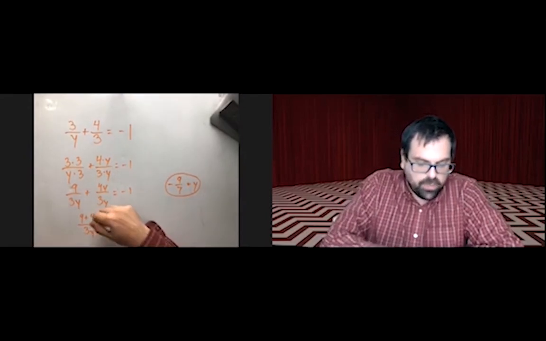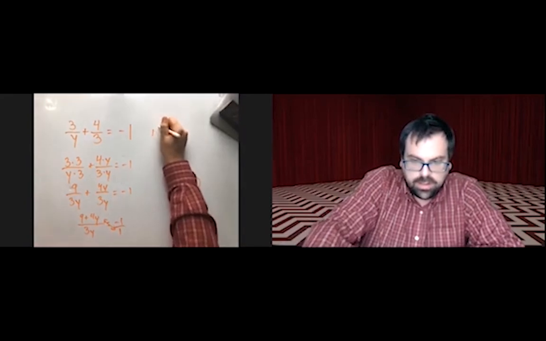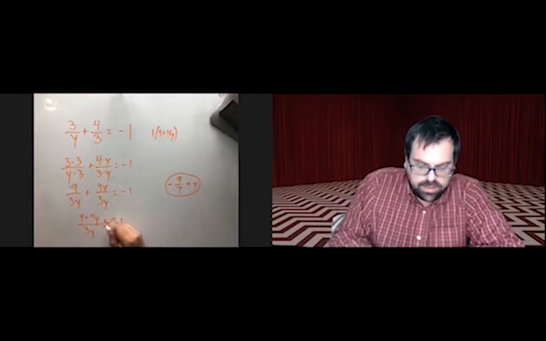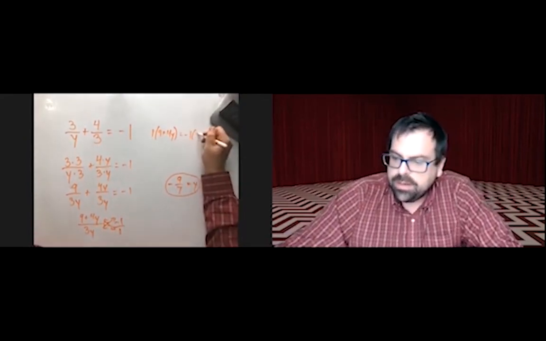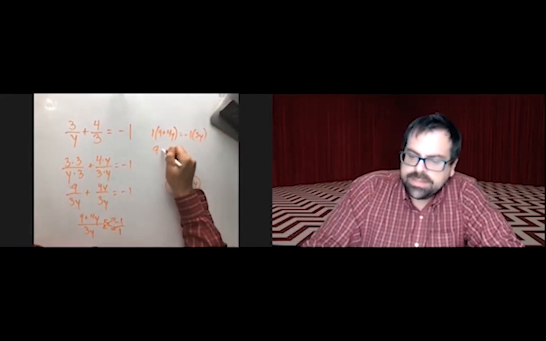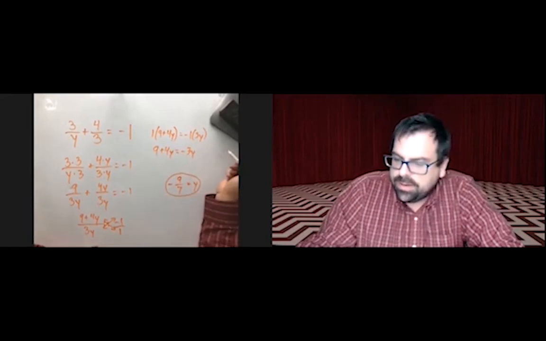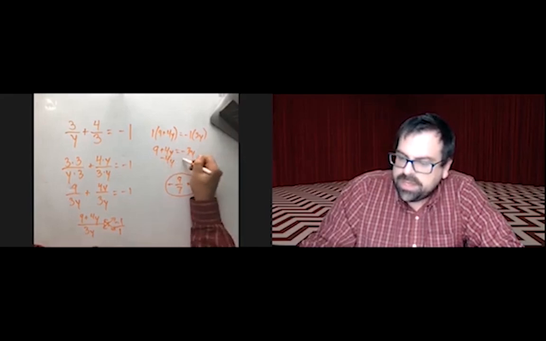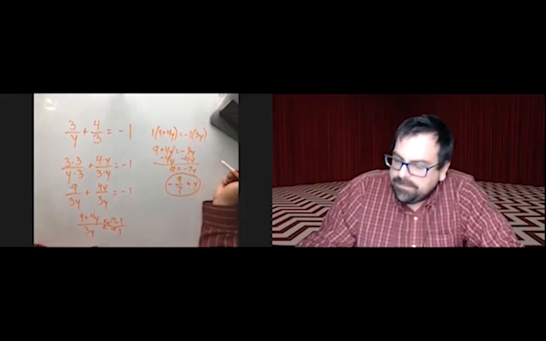Cross multiply. 1 times (9 plus 4y) equals -1 times 3y. So 9 plus 4y equals -3y. Subtract 4y from both sides. 9 equals -7y.